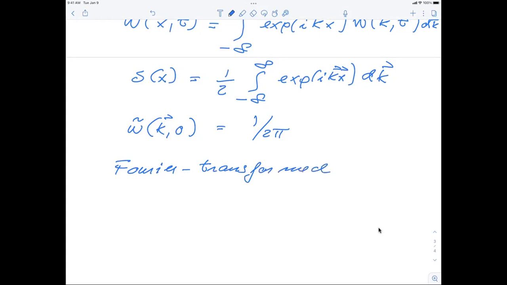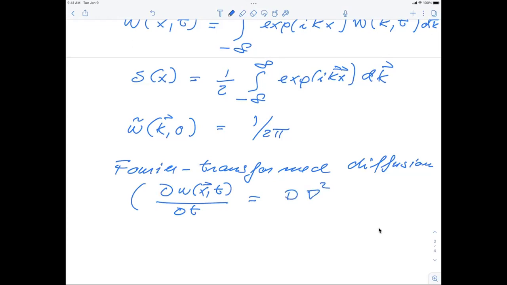I'm assuming that you have seen some of the theory for Fourier transformations. If we now look at the diffusion equation, that means that we can integrate the diffusion equation over the spatial degrees of freedom, and then rewrite it in terms of the momentum degrees of freedom. So the standard diffusion equation with only kinetic energy, we would have dWx of t over dt, and that's given by a diffusion constant times the Laplacian of W of x of t.